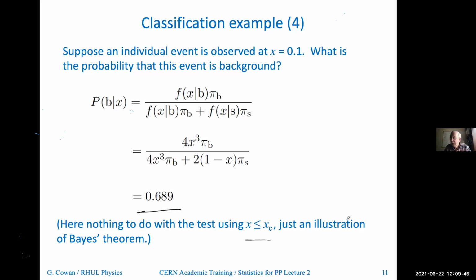In the case of discovery, that means you're testing the background-only hypothesis. But for constructing an upper limit or a confidence interval later, we will test non-zero values of, say, the rate parameter. So the thing that you regard as H0 could be different depending on the context. I simply use H0 as a label for the hypothesis being tested.